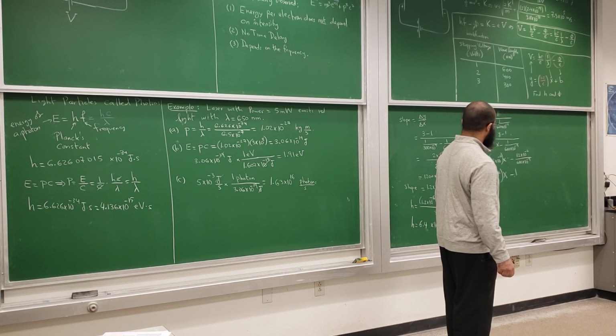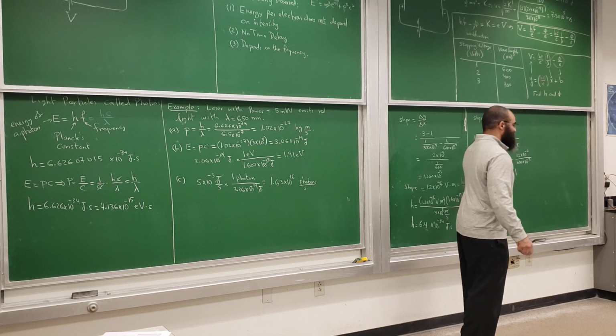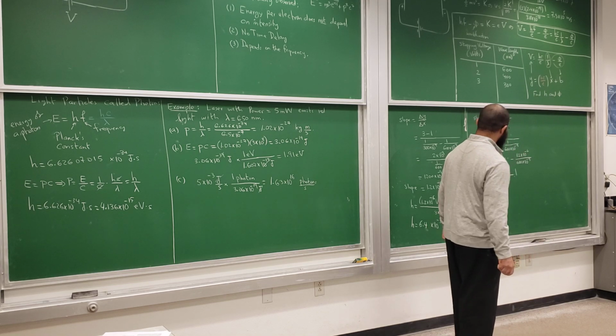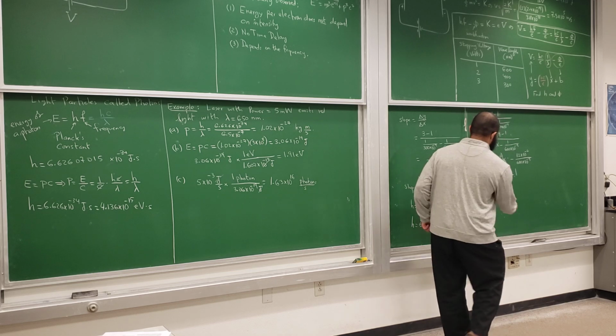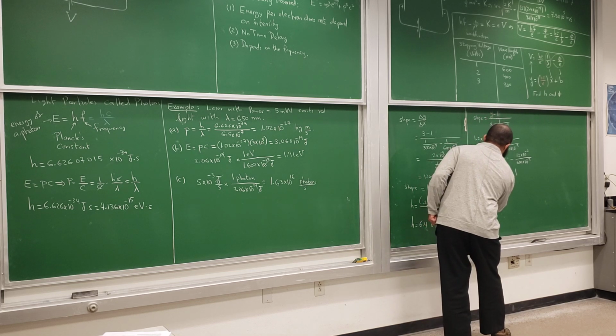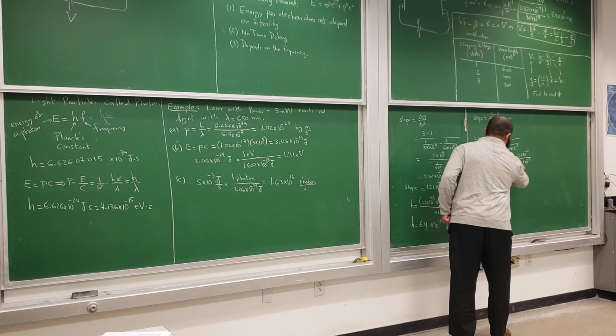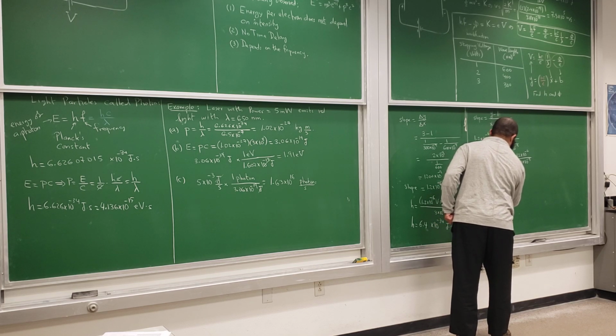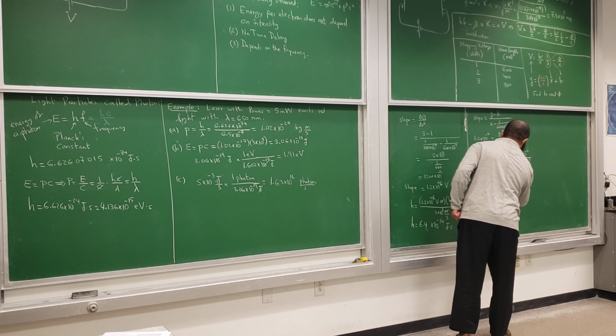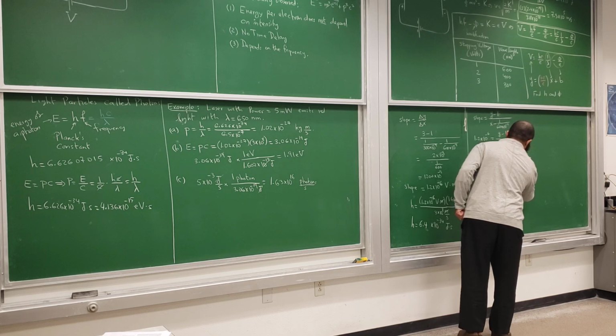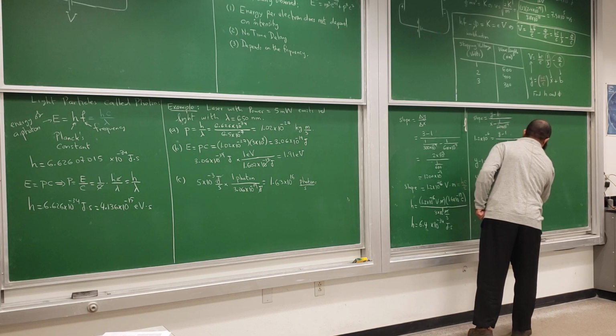Negative 2, I think. But I moved 1 to the other side, so it's plus 1. Yeah, you're right. So we get the following: negative phi over e, that's the y-intercept, is equal to the y-intercept that we just found, negative 1. That means phi will equal to just e, which is 1.6 times 10 to the minus 19.